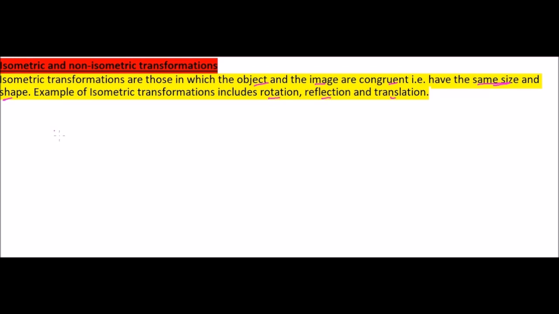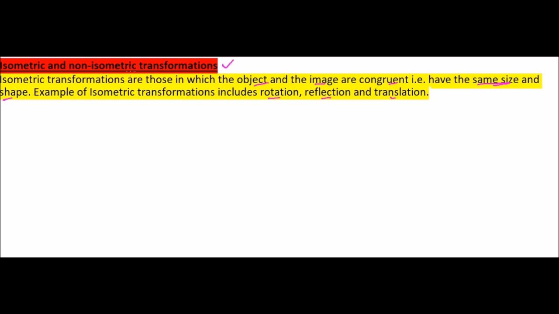When we shear, the shape is different and the size is different. When we enlarge, the image may be bigger or smaller than the object. Those are the ones that are called non-isometric transformations.